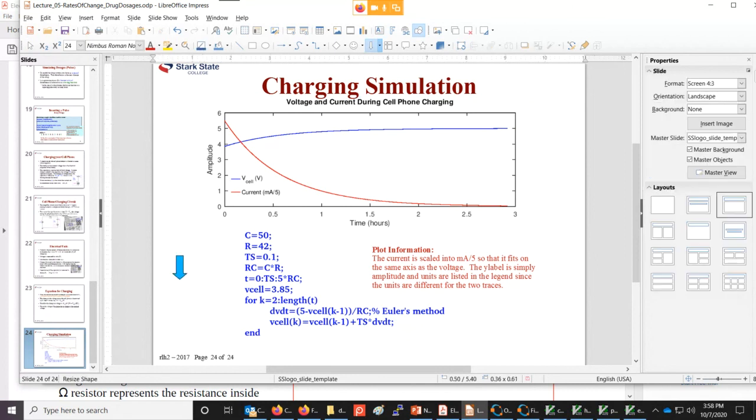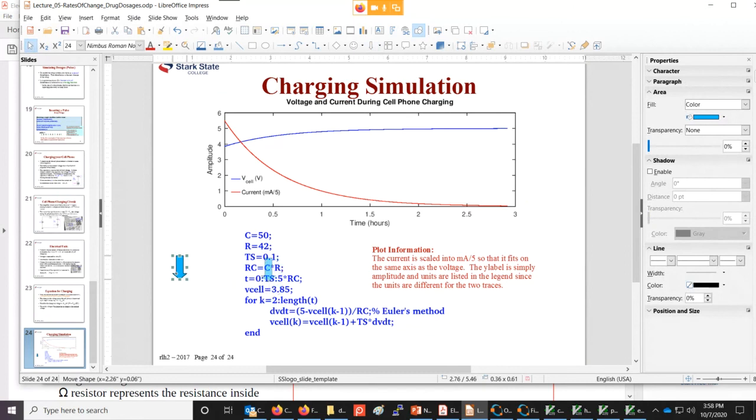I'm going to use a little arrow here so maybe you can follow this. Okay, so here is our initial condition. The voltage across the cell is 3.85 volts. So that's our initial condition, and then we're going to go into our for loop.